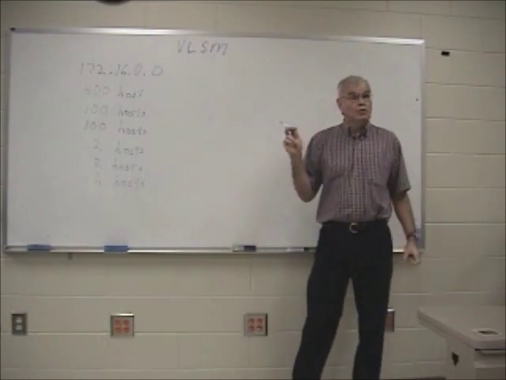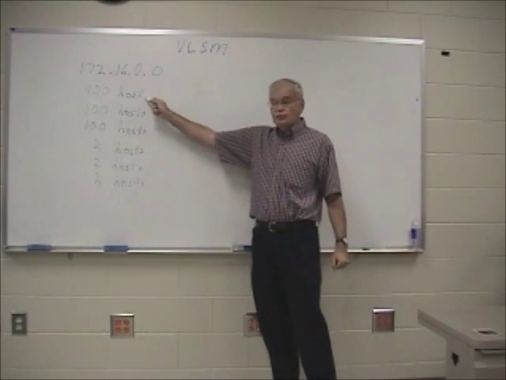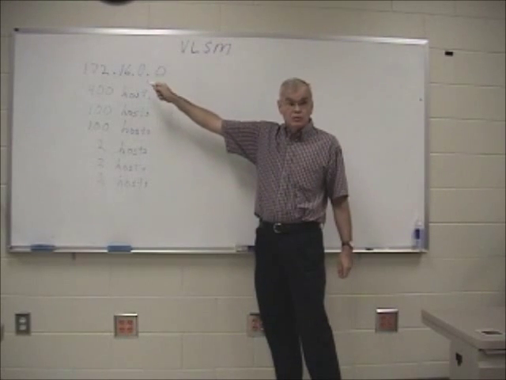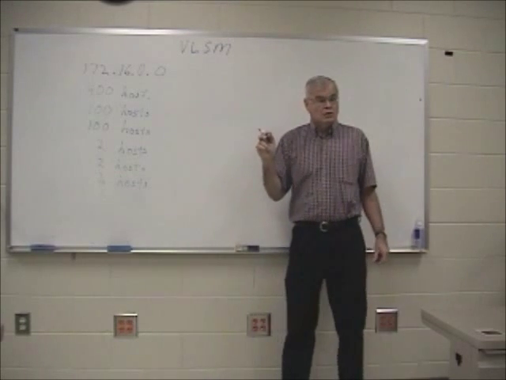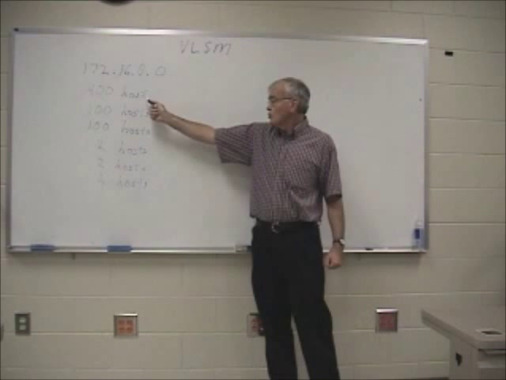Now, what we're going to want to do is first subnet for the largest number, or if there are several of them in the same range, and the secret is to look at your column values from your binary and see how many bits you're going to need to borrow.